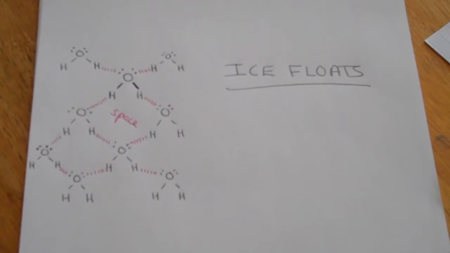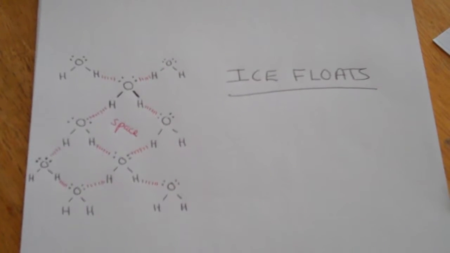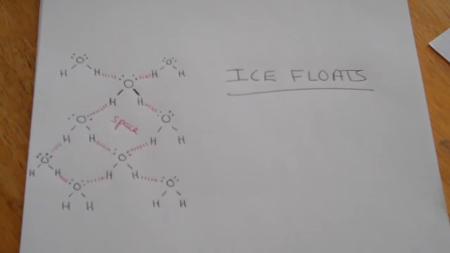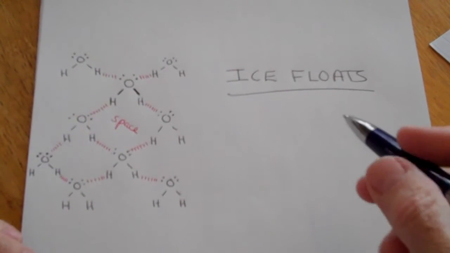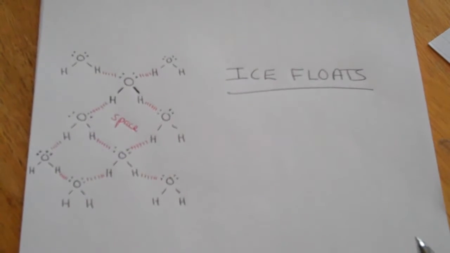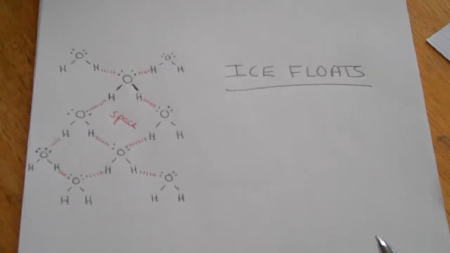Our lakes freeze from the top. There's going to be a surface film of ice, which protects the plants and the animals from additional cold. So ice floating is very unusual, and this is one of the properties of water that we want to be able to understand and explain.